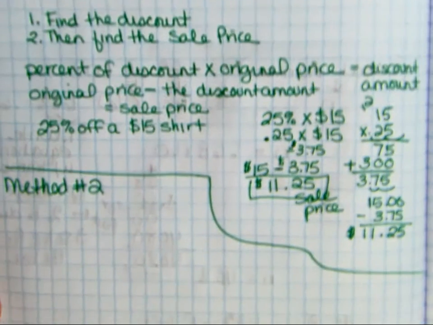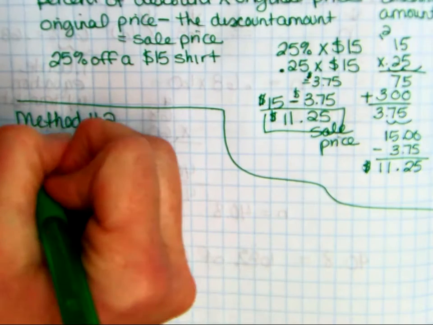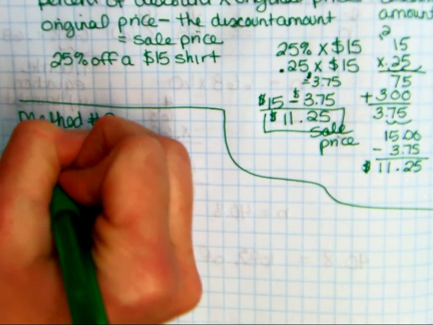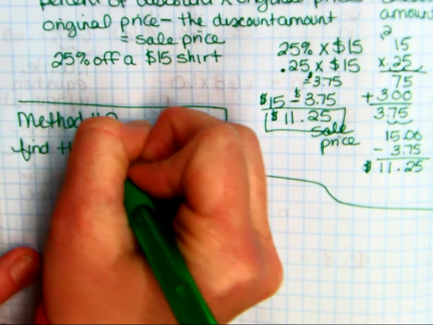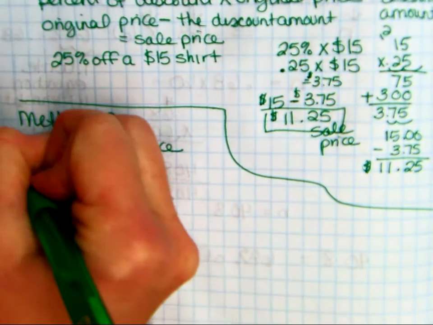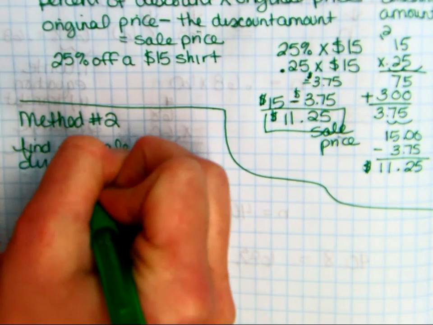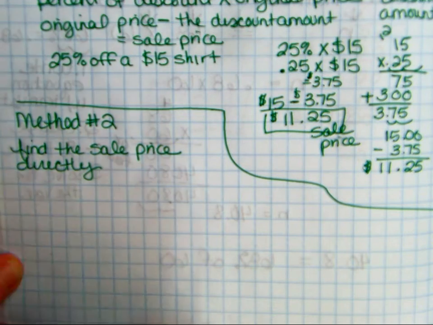Then there's method 2. Now method 2, some might say is a little simpler, or it has less steps, basically. And what you're going to do is you're just going to find the sale price directly. Well, here, let's write this down.